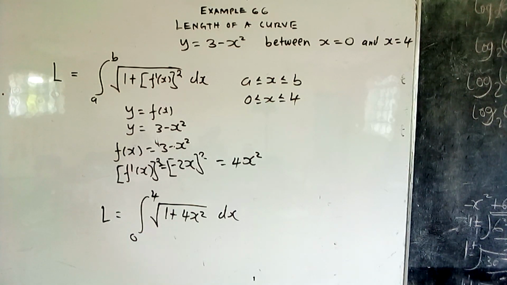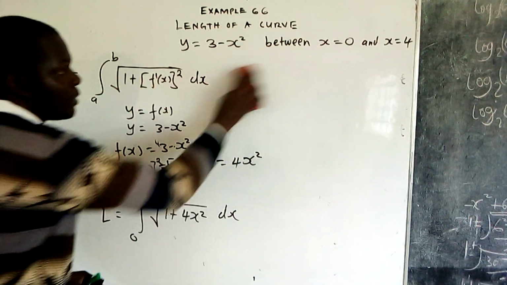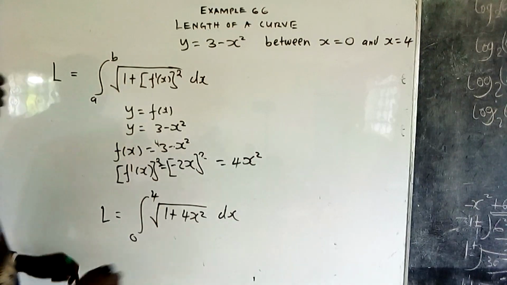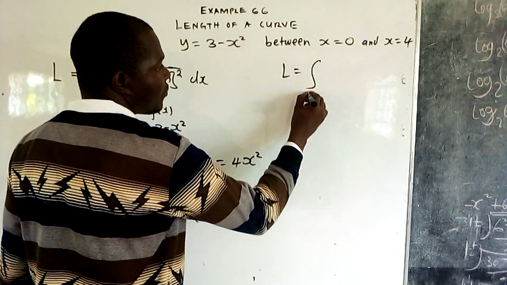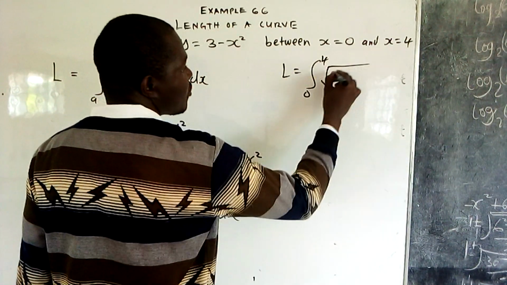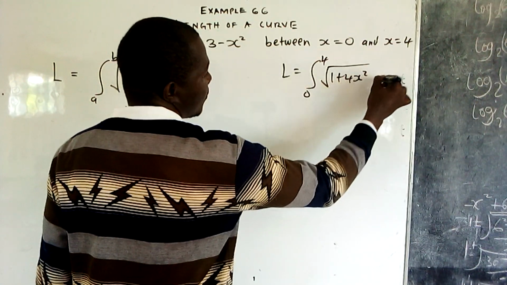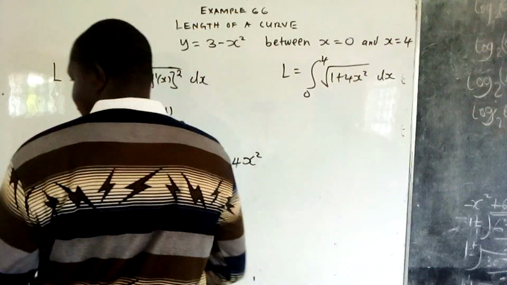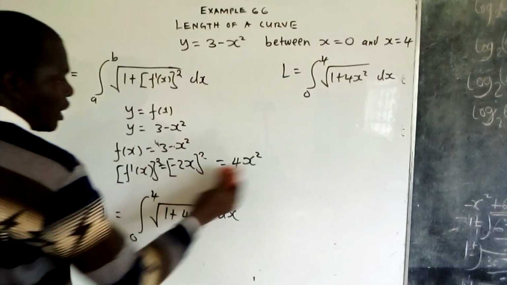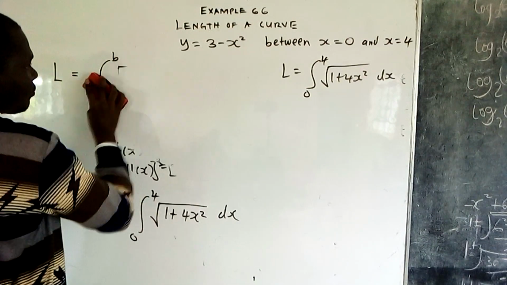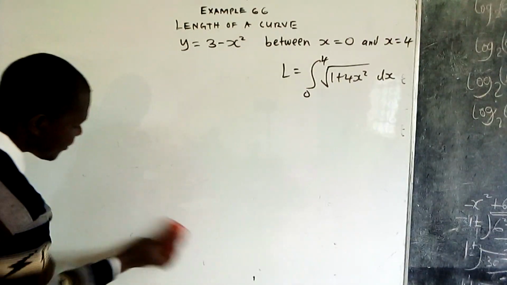Well done. So how do we integrate that kind of problem? It's a concept we are used to. We now want to integrate from 0 to 4 the square root of 1 plus 4x squared dx. How do you integrate that? It is very simple.